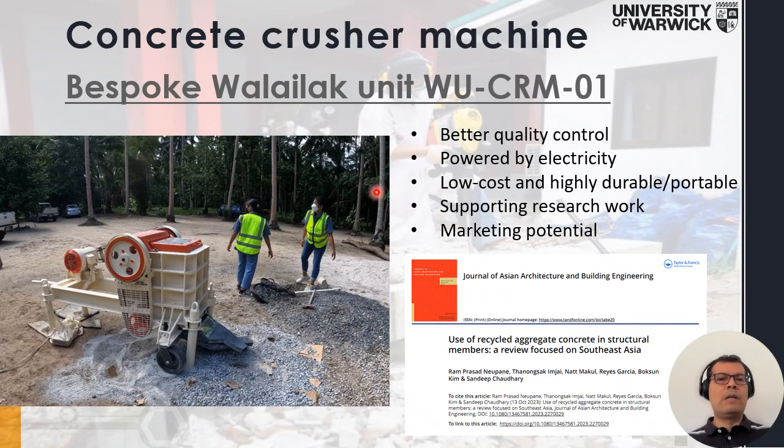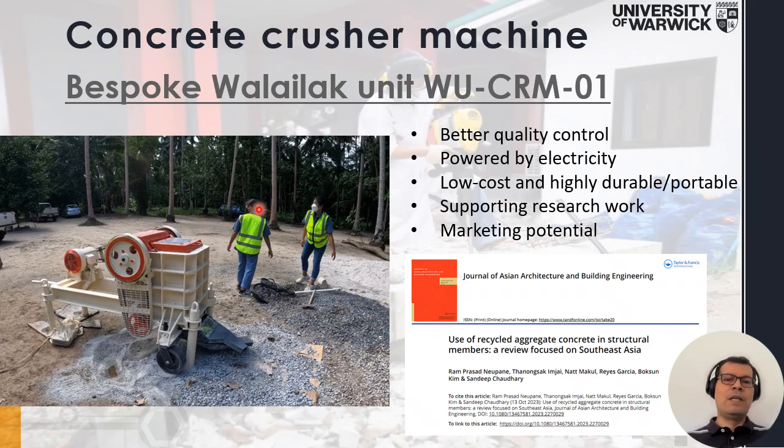Now, with my collaborations with One Lilac, what we have been trying to do is basically produce our own recycled concrete aggregates. And to do so, we started by designing our own machine. I don't have the time to show you how it operates, but it's basically inspired by what people do in the plastic industry.